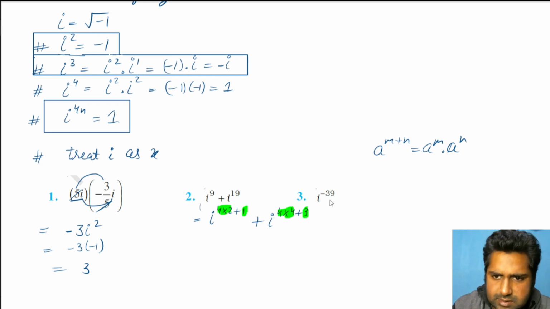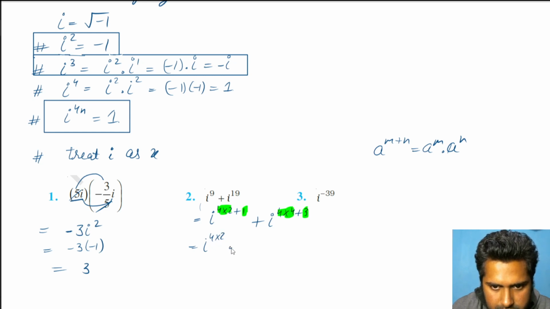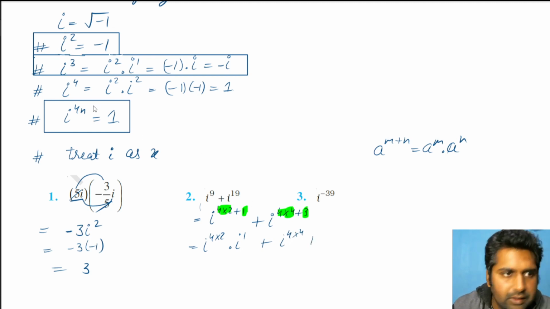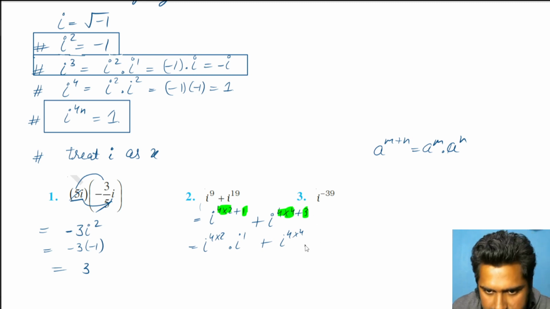So I'm using it in reverse. I'm breaking it into i raised to power 4 into 2 into i raised to power 1. This will become i raised to power 4 into 4 into i raised to power 3. I hope this basic step is clear.